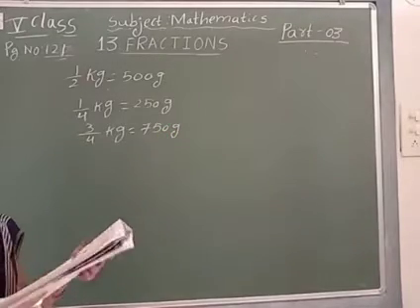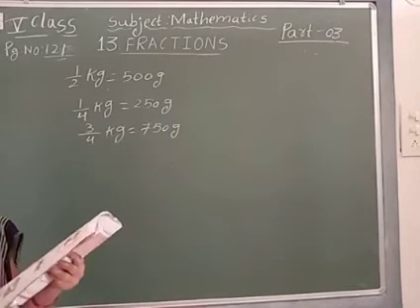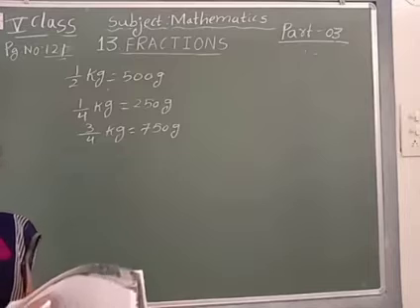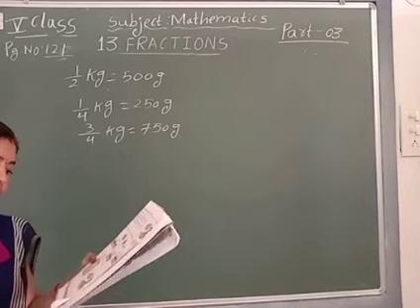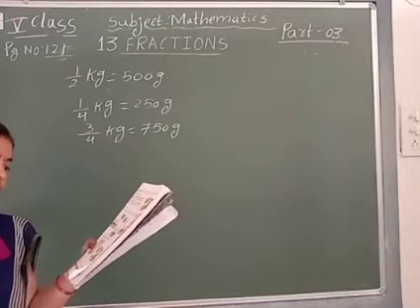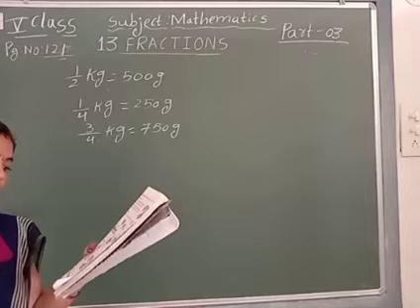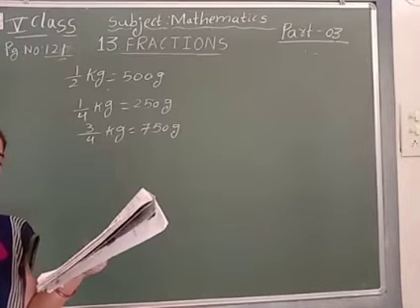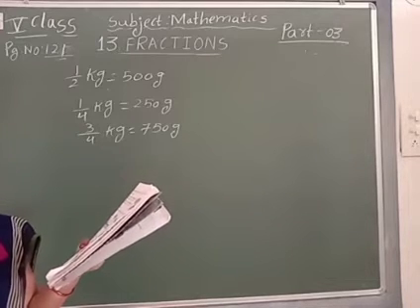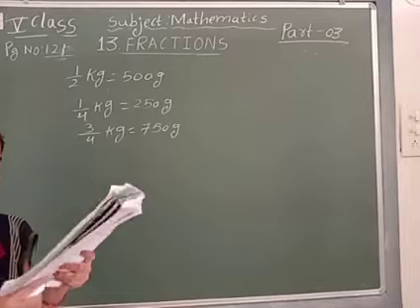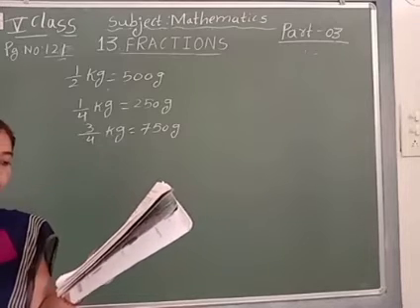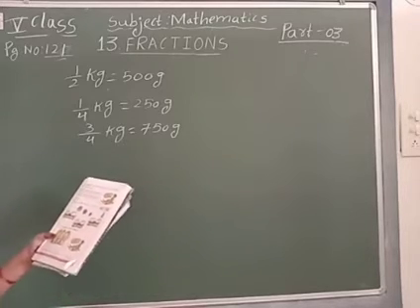Write this. How much cooking oil is there in Manju's house? 1 by 4 liter of mustard oil, 1 by 2 liter groundnut oil, 3 by 4 liter sunflower oil. How many liters of cooking oil does Manju have in her kitchen?